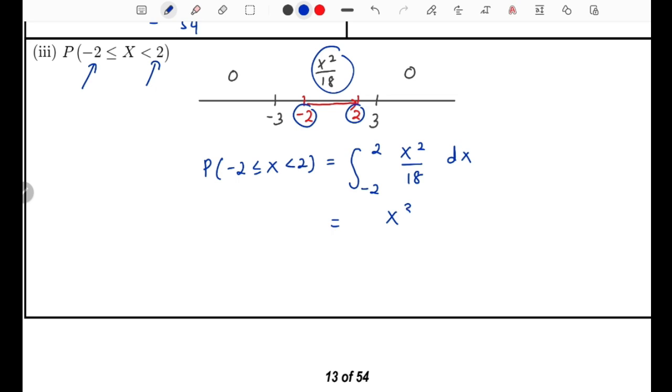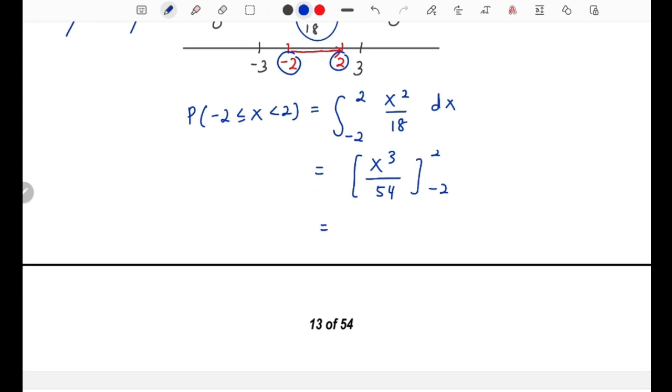Integrate it as usual, and then substitute the values of x. We're going to get 8 over 27.